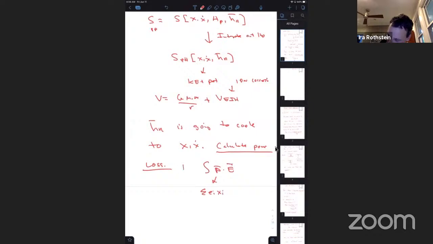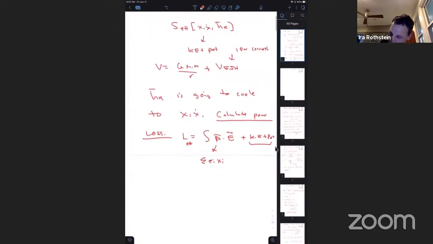So this was our L effective, right? Plus the kinetic pieces and the potential pieces for the constituents, right? And this guy was the total dipole moment of the system. And then we calculated the power loss by calculating the imaginary part of this diagram.